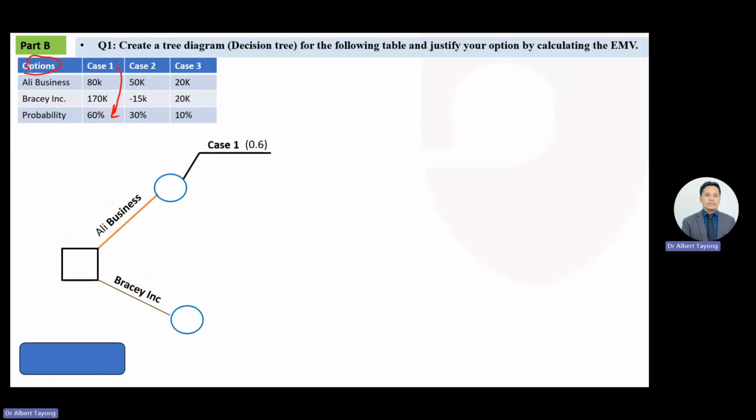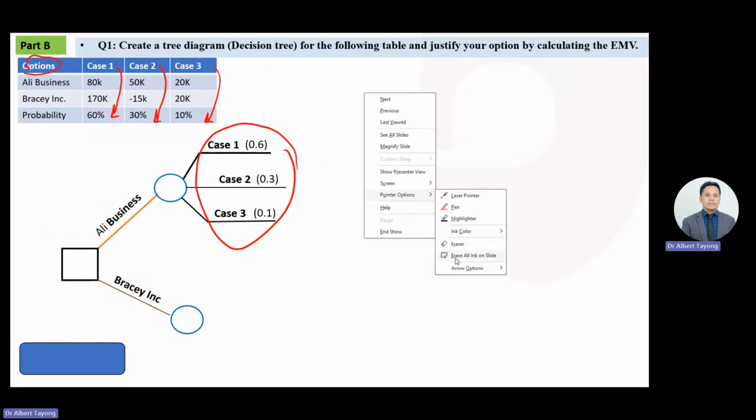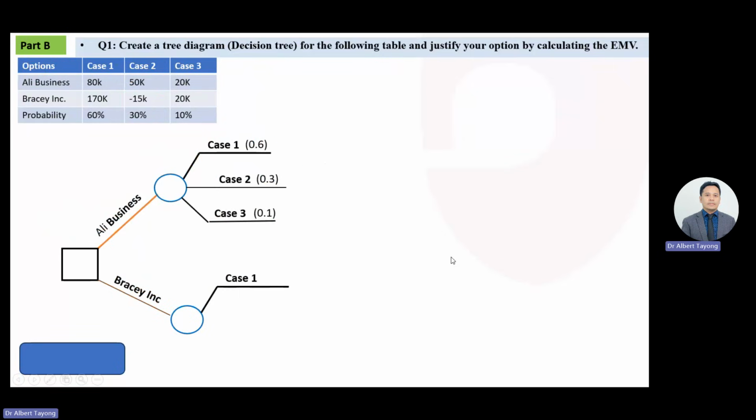We can write 0.6 in decimal. Case 2 is 30%, or that is 0.30 or 0.3. And the last one is case 3, which is 10% or 0.1. And these will all be copied here below. It should be the same. All right, so we have case 1 here, case 2, and case 3, all the same.